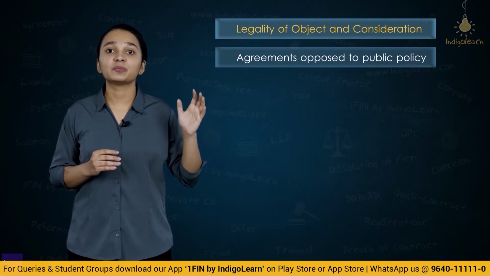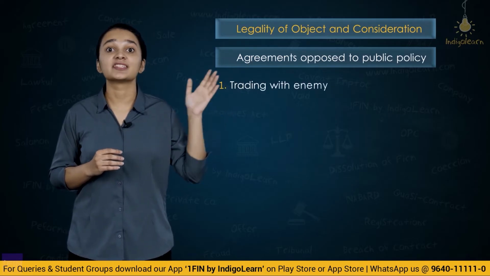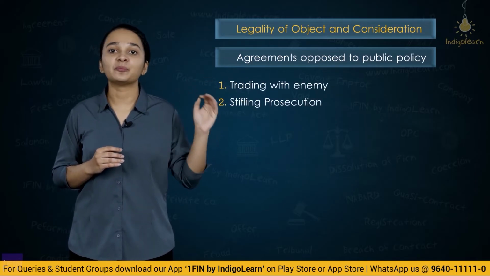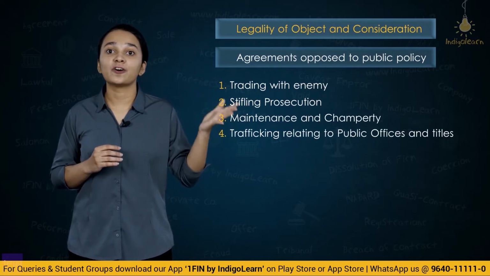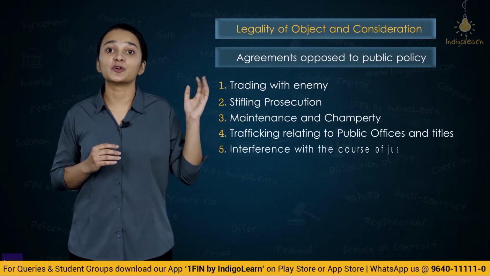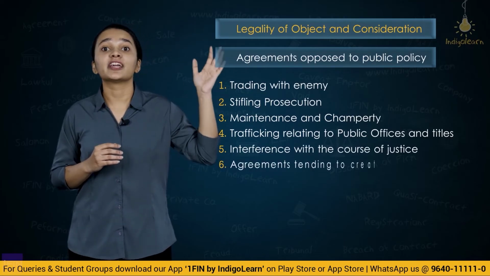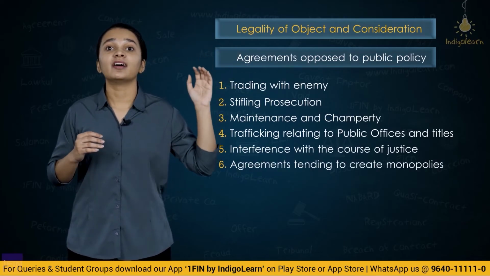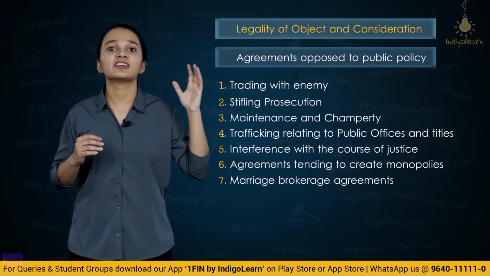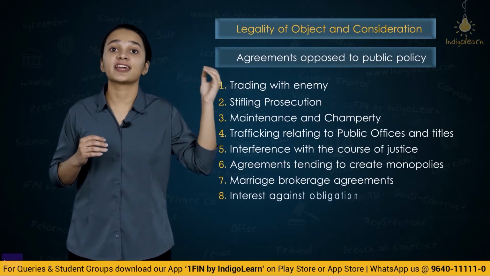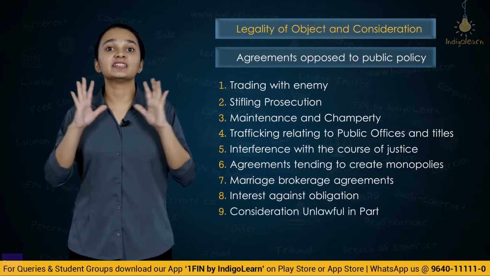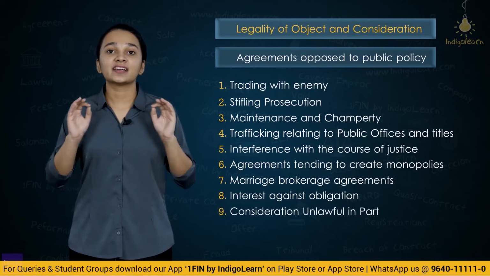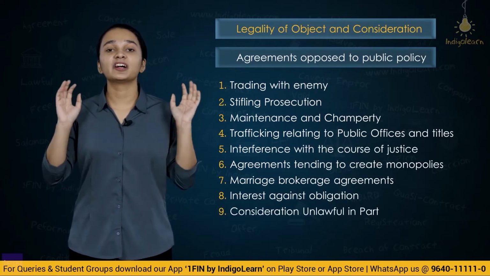When there is an agreement which is made for trading with enemy, stifling of prosecution, maintenance and champerty, trafficking in public offices, interference with the course of justice, agreements creating monopolies, marriage brokerage agreements, when agreements create interest against obligation, or when the consideration is unlawful in part. In all these situations, we say that these are agreements which are opposed to public policy.